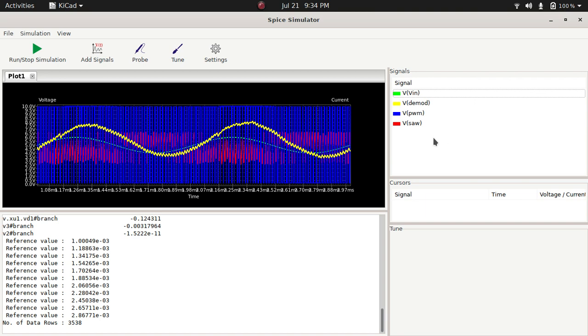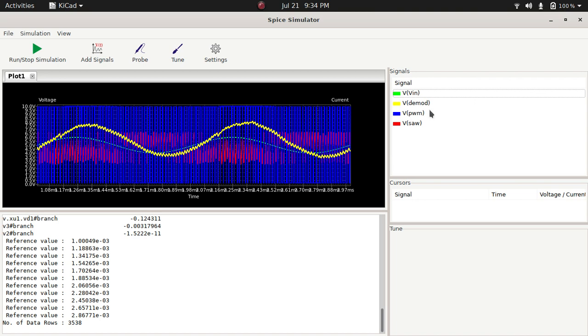If we go for higher order filters, like an LC filter, we can get rid of more of the higher frequency or carrier frequency components.